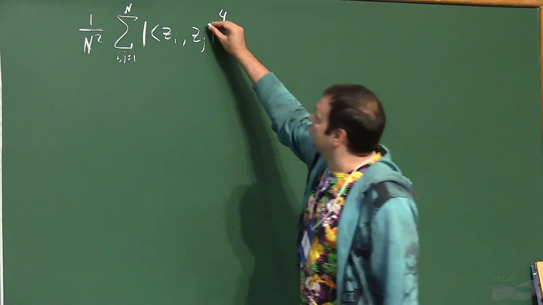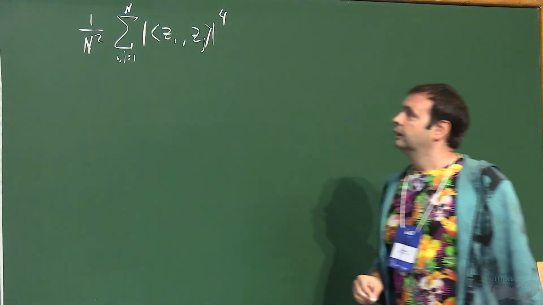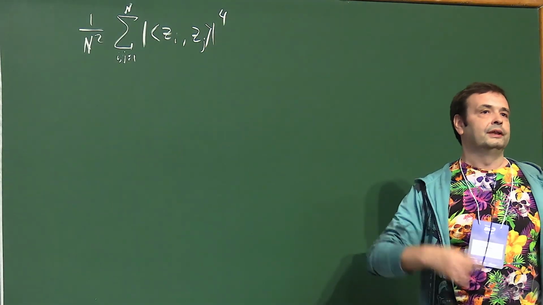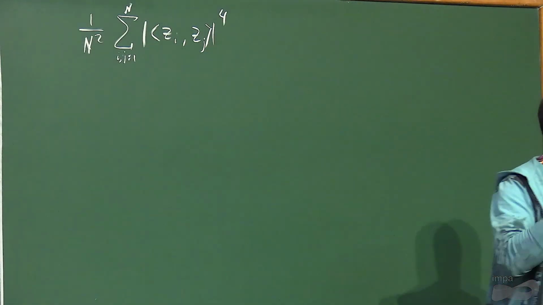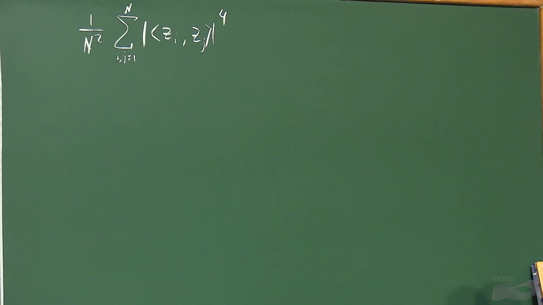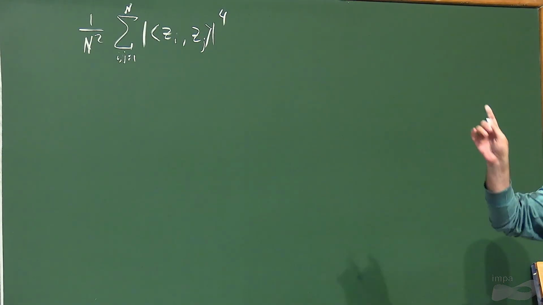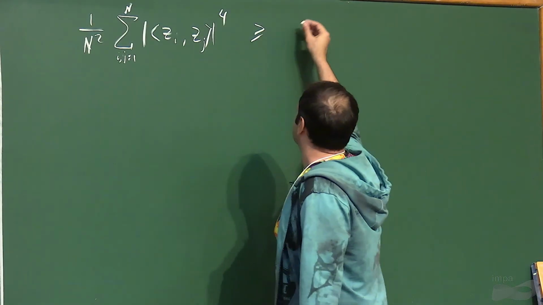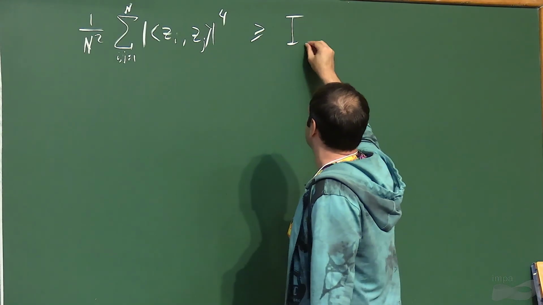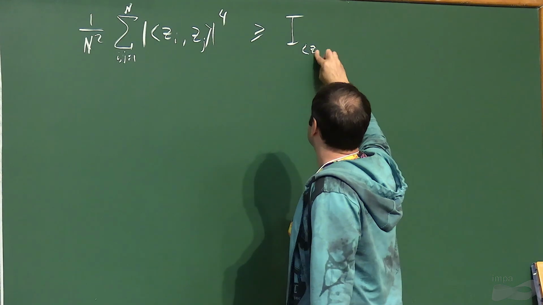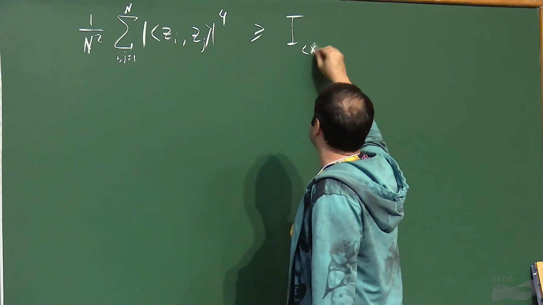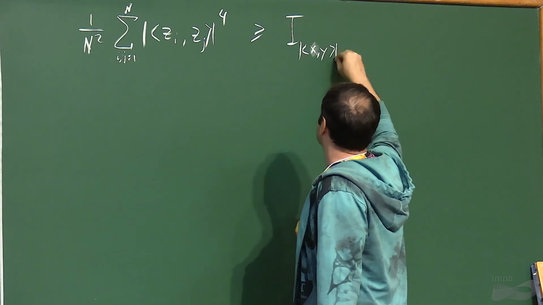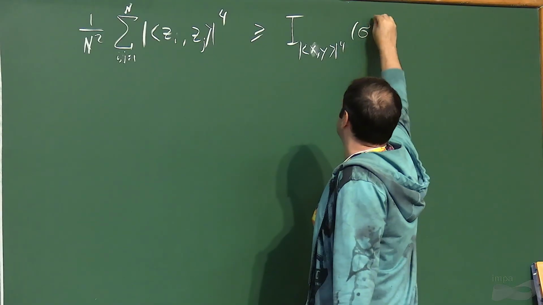We know that this energy, if you view the integral energy, it's minimized by the uniform measure on the sphere, because essentially you get a positive definite kernel. So this is bounded by the energy with this kernel, x, with respect to sigma.